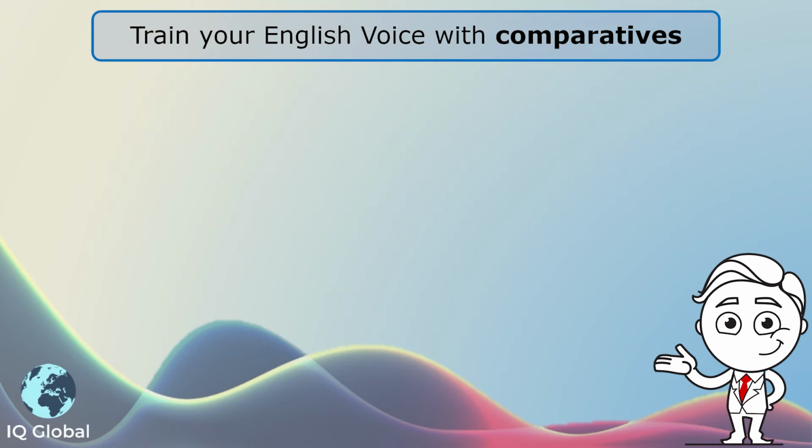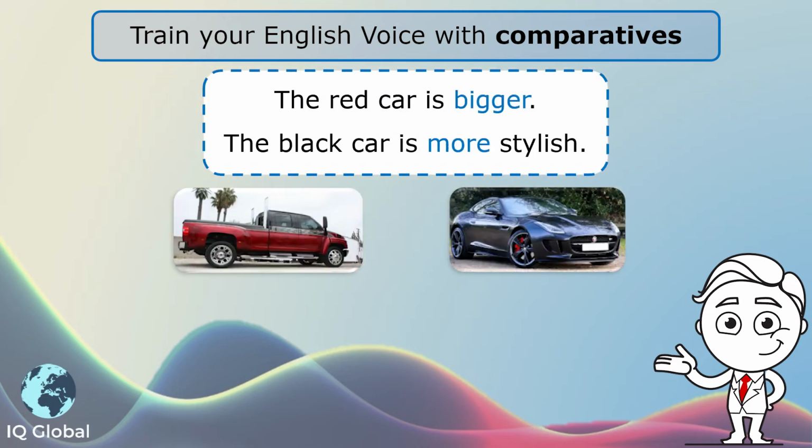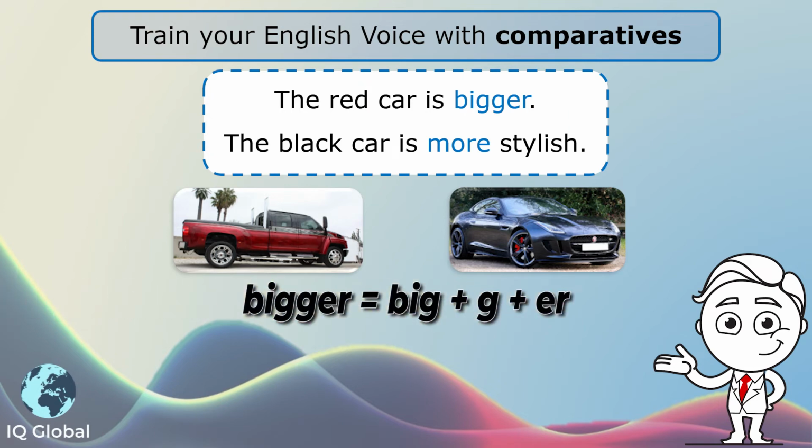For example, have a look at sentence 1. The red car is bigger. Big. There is only one syllable. It's a short word. Big. So we doubled the last letter G and we added er to the end of the adjective big. Bigger.